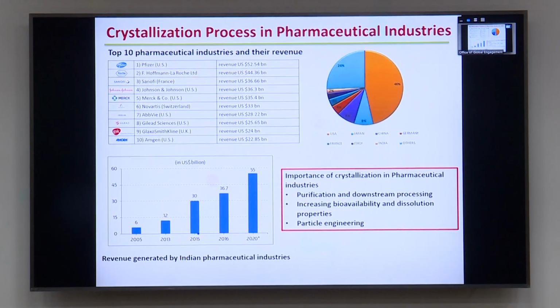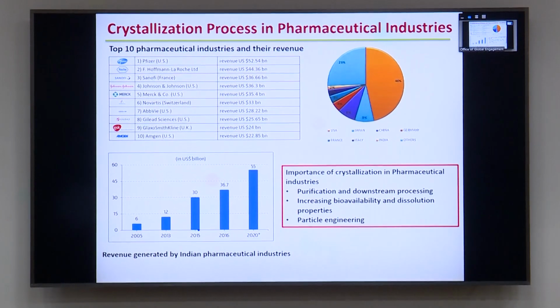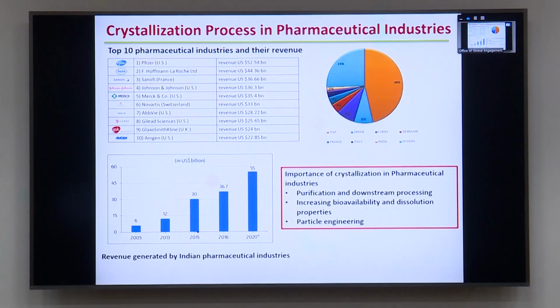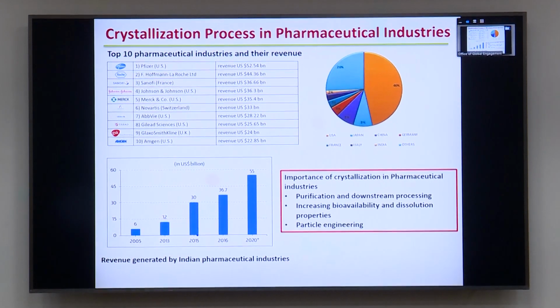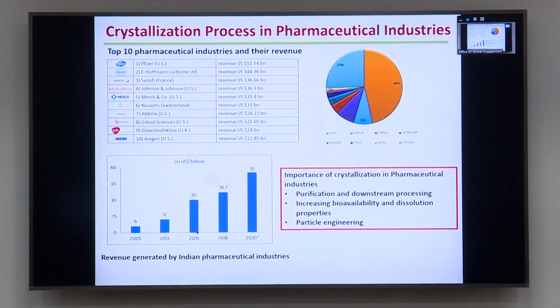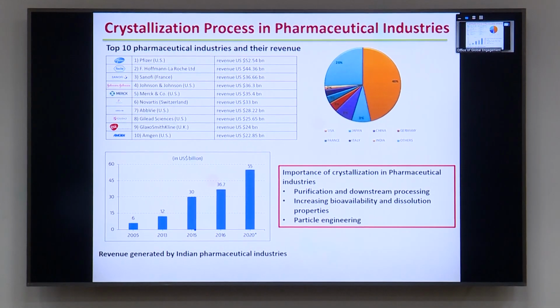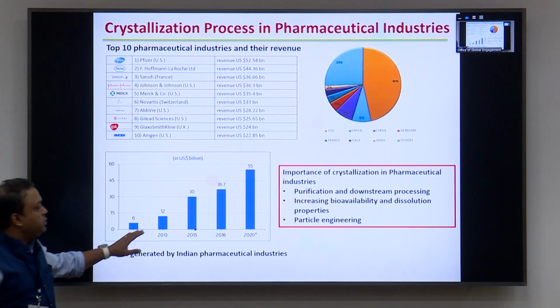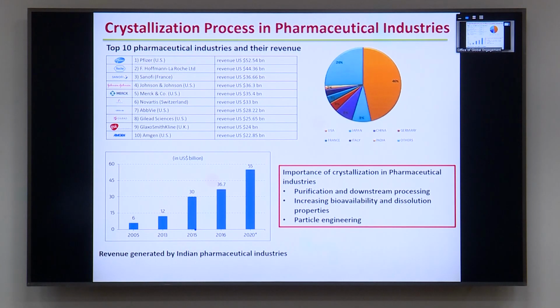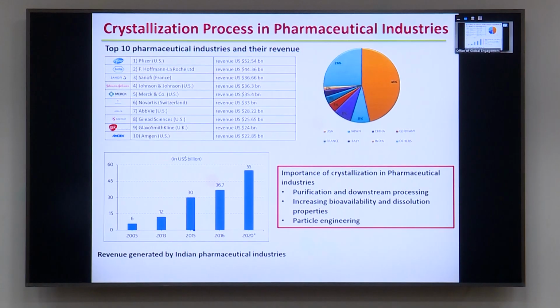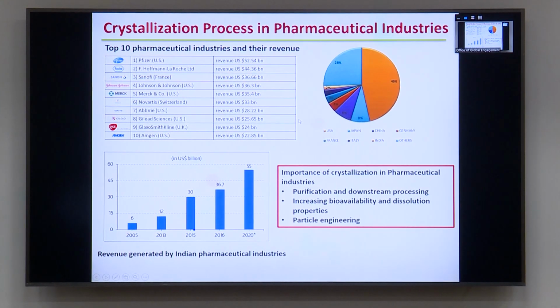As we have already talked about, the pharmaceutical industry is a billion-dollar industry in which the market share of the Indian pharmaceutical industry is around 2%, and it is substantially growing over the years. Now, every pharmaceutical industry has crystallization as a unit operation, which is generally used for purification, downstream processing, or increasing the bioavailability or dissolution properties, and especially for particle engineering.